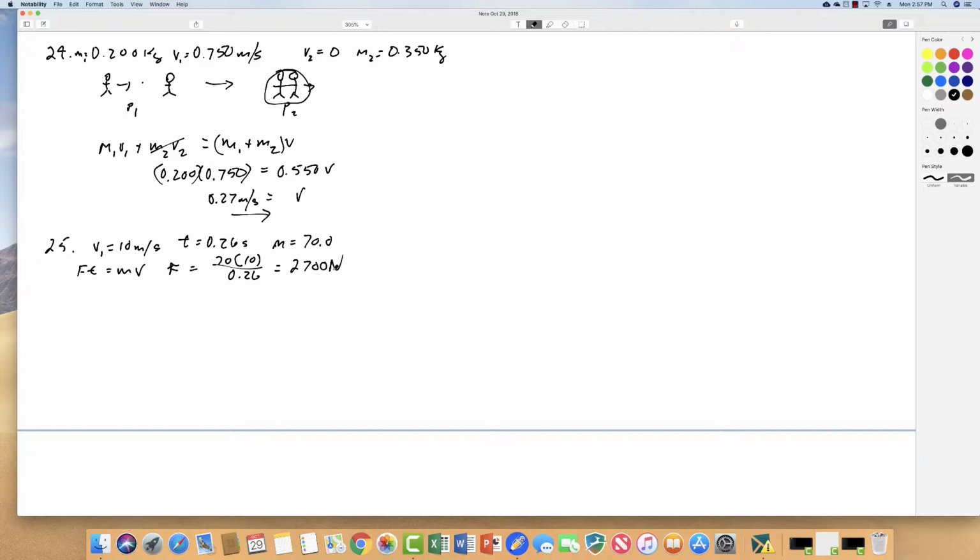Now, it said, would the answer of this question be different if the car with the 70 kilogram passenger collided with a car that has a mass equal to it and is traveling in the opposite direction at the same speed? The answer is essentially no, because the effect would be for this car to come to a stop just like it did.